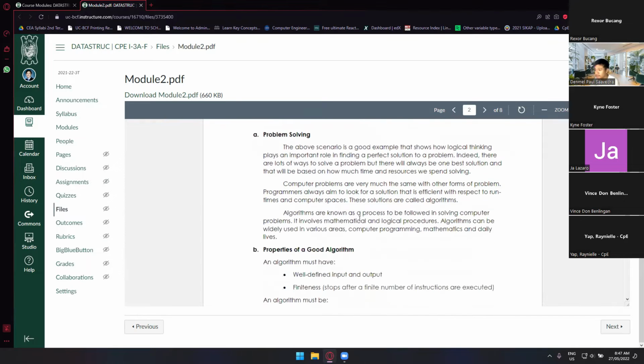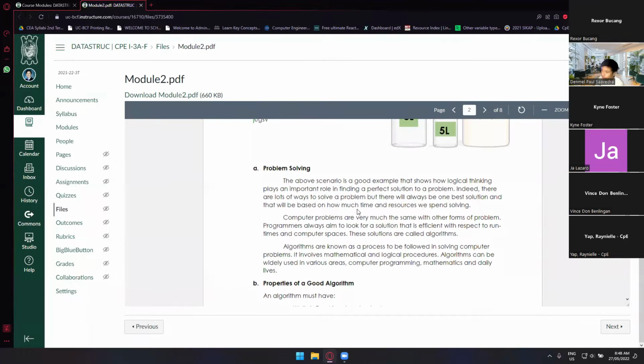Okay. So computer problems are very much the same as other forms of problems. Programmers always aim to look for a solution that is efficient with respect to runtime and computer space. These solutions are called algorithms. That is why we run a lot of algorithms, compare them, and try to see which one has the shortest time in solving that specific problem.